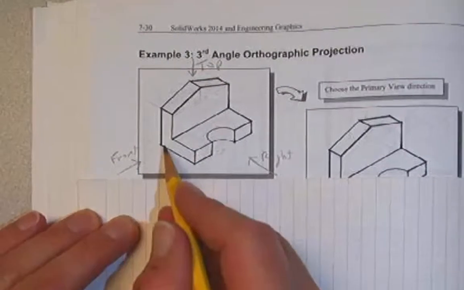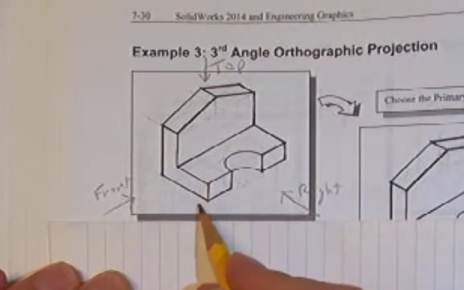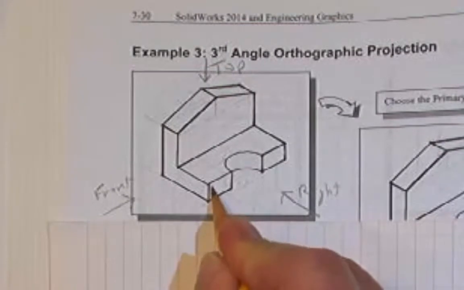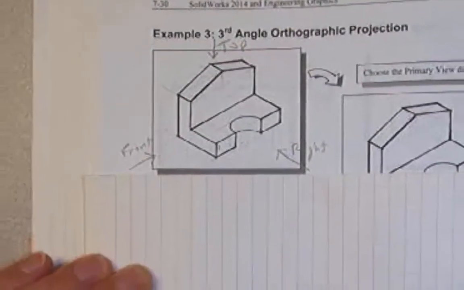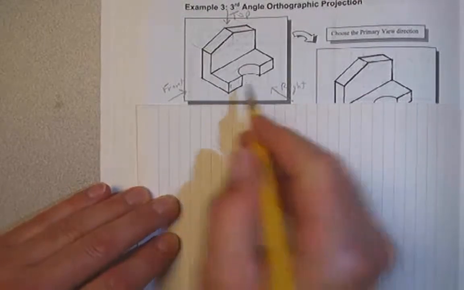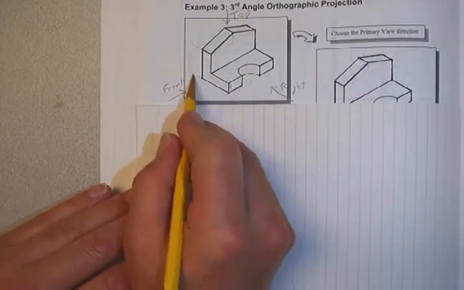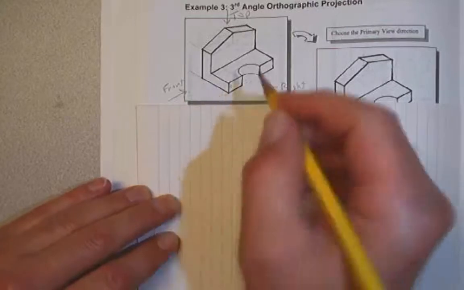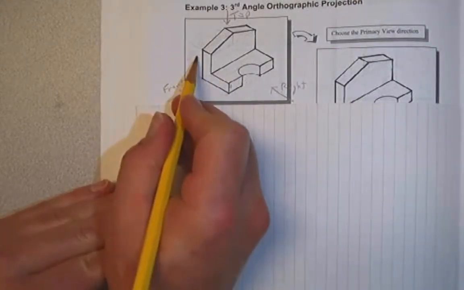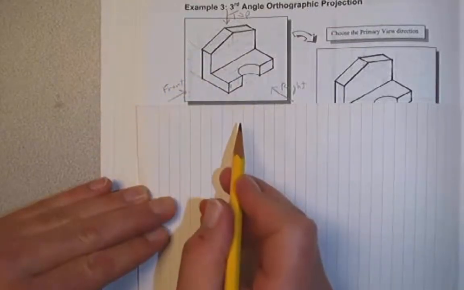Alrighty, so let's do the front. Let's take this line. I'm going to call this line number 1, and let's just locate that somewhere down the page. First off, I'm going to have a height of 1, 2, 3. So 1, 2, 3 up to there.